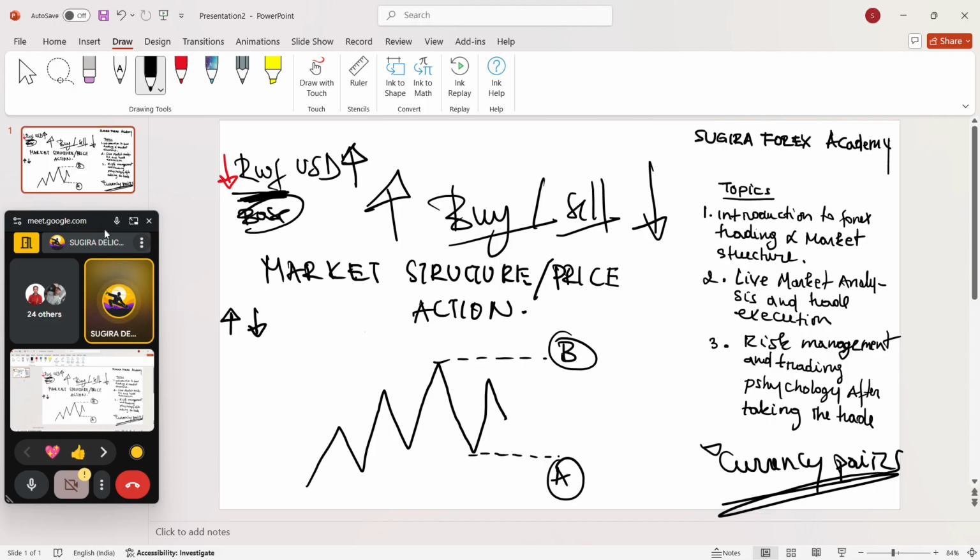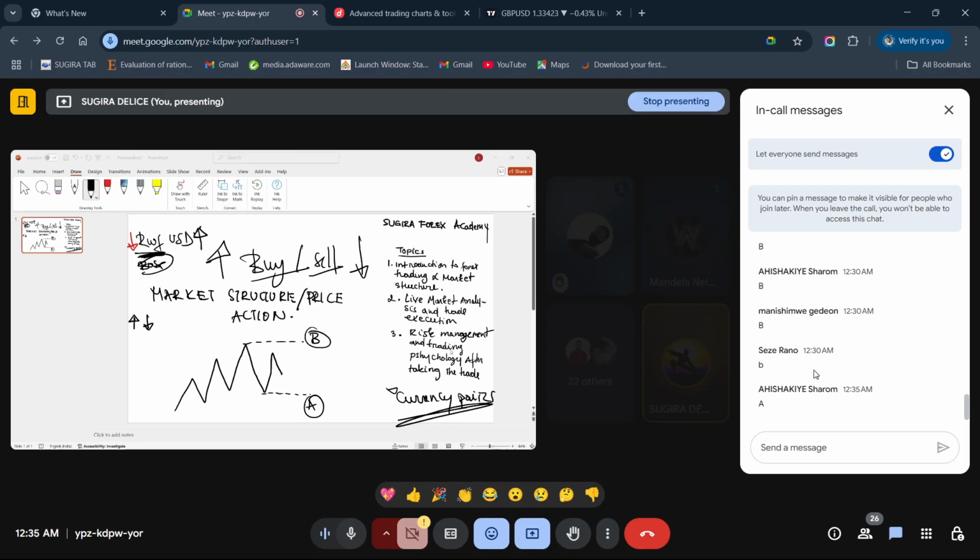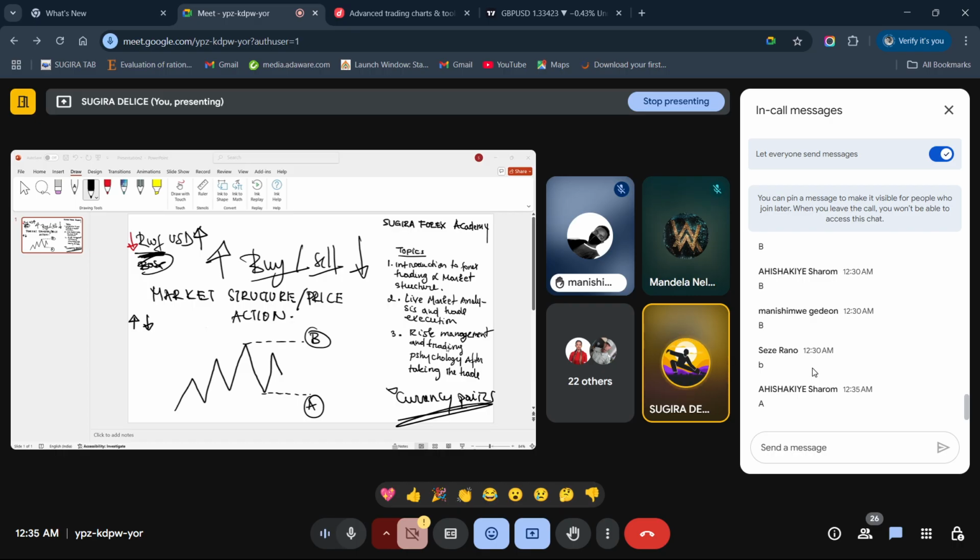Now I'm going to see A, B, A, B. What do you think right here? Do you think the market is targeting A or B? Try and tell me. A or B?